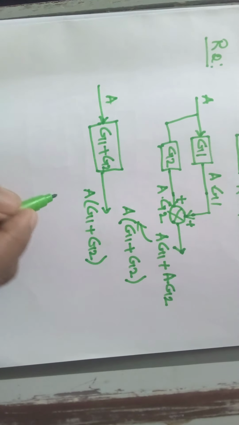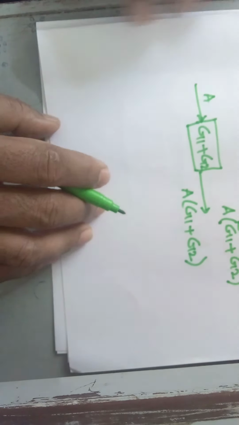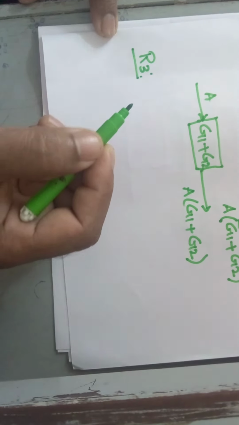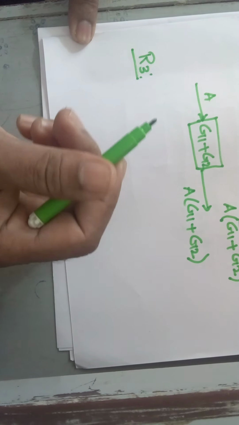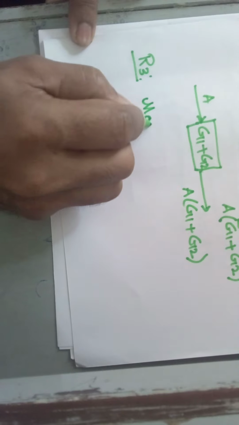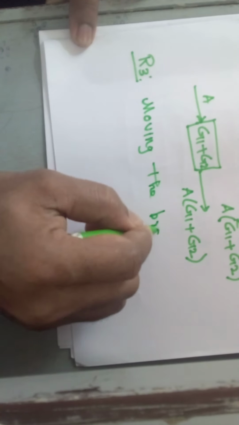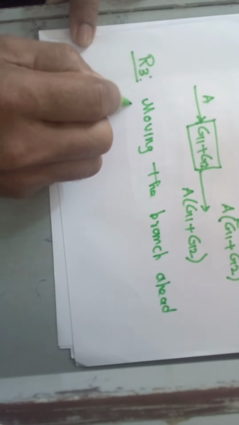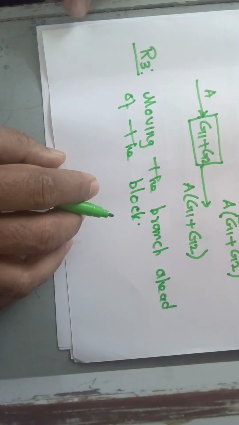Now rule number 3, let us see. Here we are moving the branch point ahead of the block.